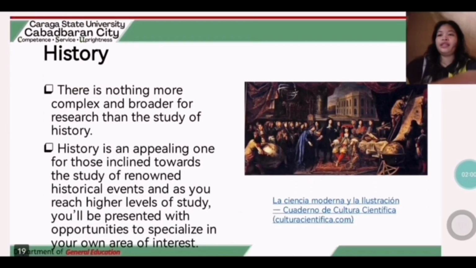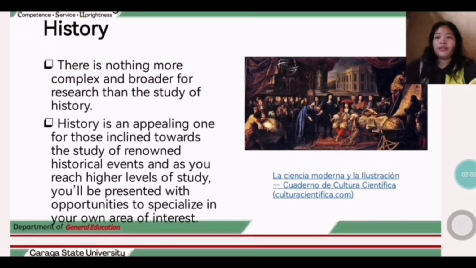Second is history. There is nothing more complex and broader for research than the study of history. It straddles different territories of time and explores every aspect of it, trying to reconstruct the past for understanding the present through various resources available.